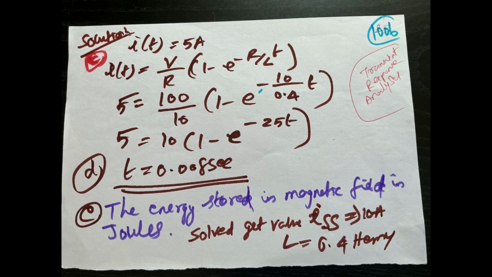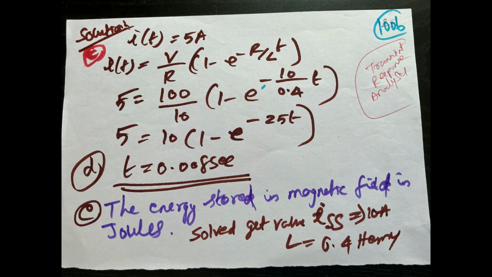From this equation, using the calculator exponential function, we find the t value is 0.008 second. D is found out: the time taken for the current to rise to half of the final value. Then go to the E solution.